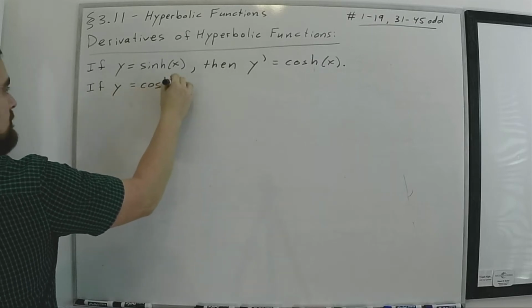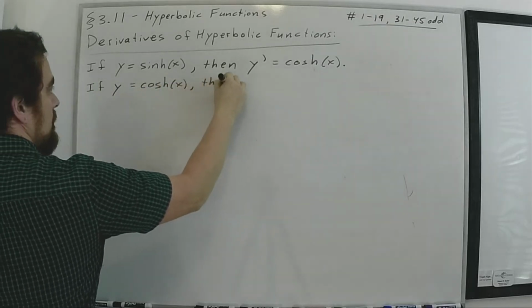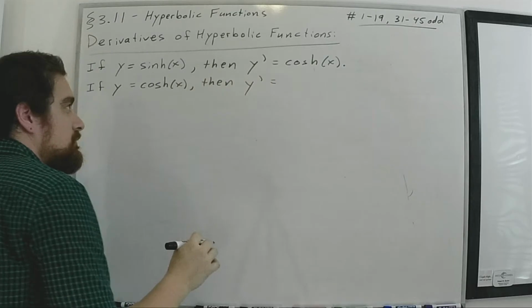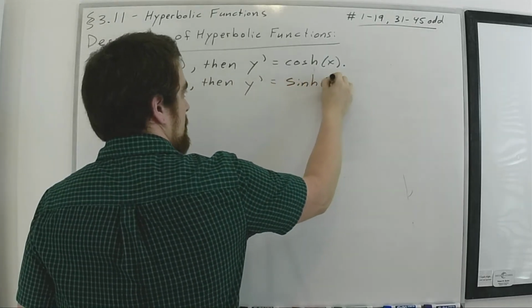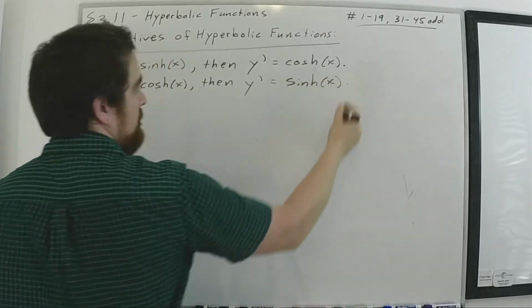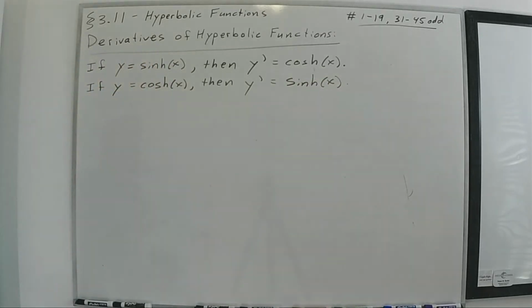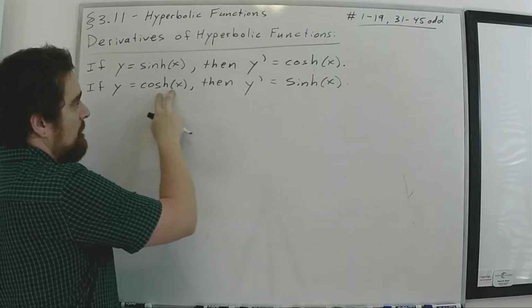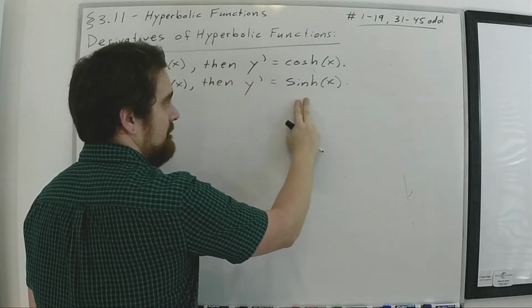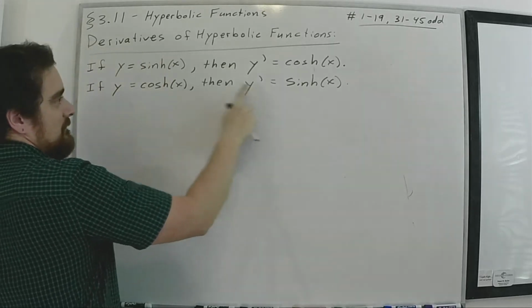If y is cosine hyperbolic of x, and here's one of those situations where it does feel a little different, the derivative y prime is sine hyperbolic of x. Remember when we differentiated the trig function cosine of x, we got y prime to be negative sine of x. Here, there's no negative that kicks in, right?